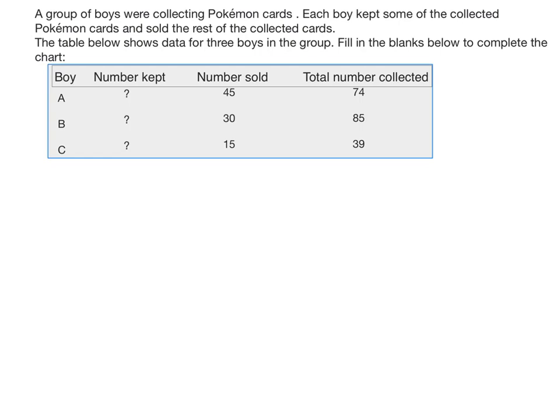All right, so let's look at this. We know our boy A, our boy B, and our boy C. And what we do not know is the number kept. So that is what we don't know, and that is what we need to find out. We also know the number sold.